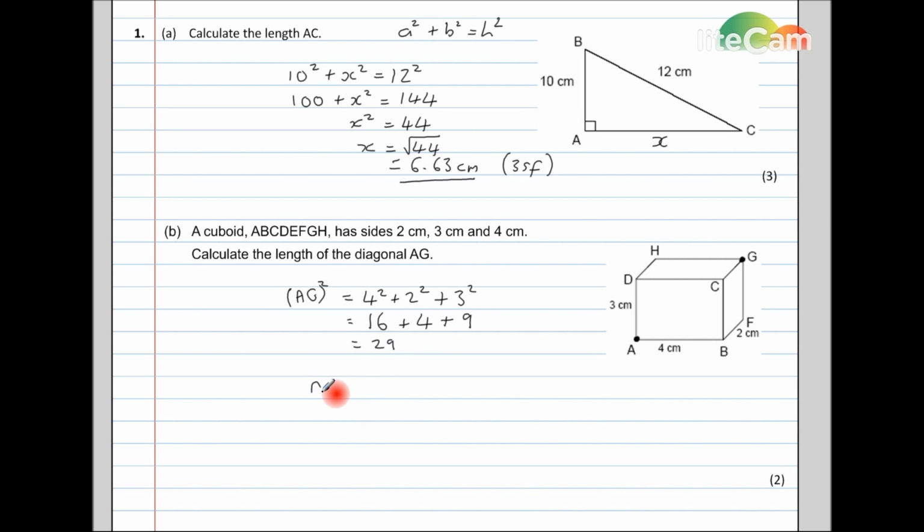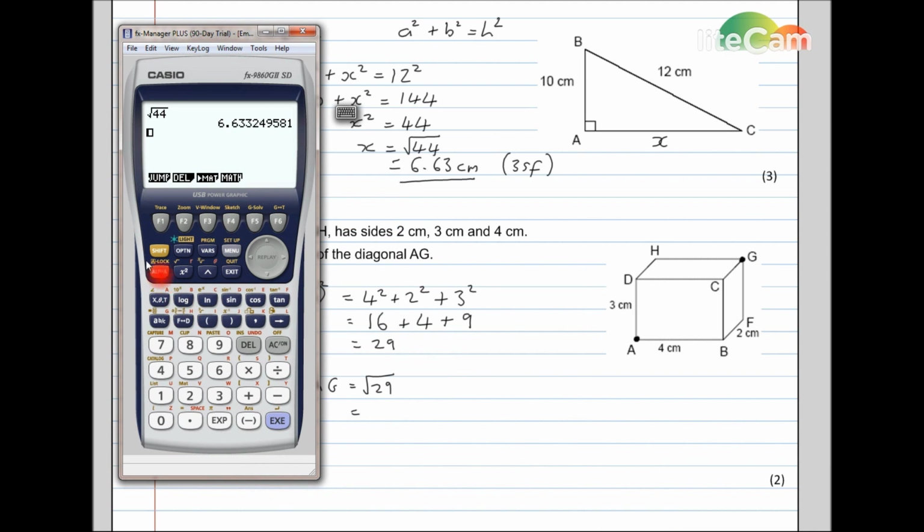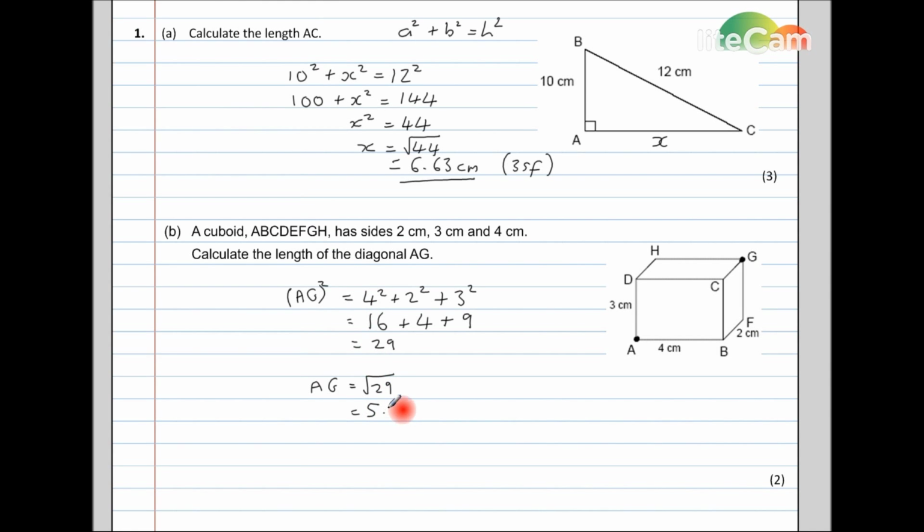So we can say that AG is going to be the square root of 29. Which gives us 5.39 because it's going to round up this time. So 3 significant figures.